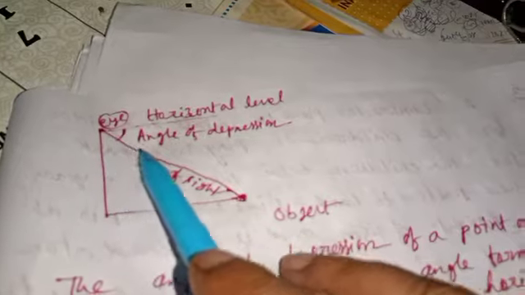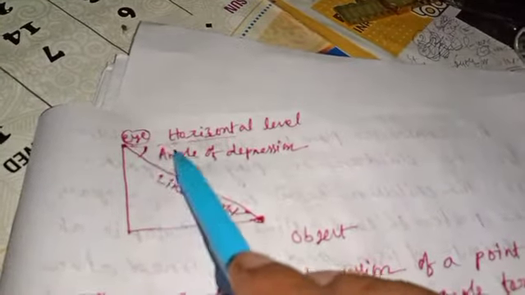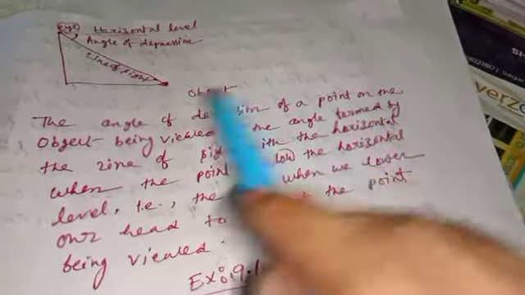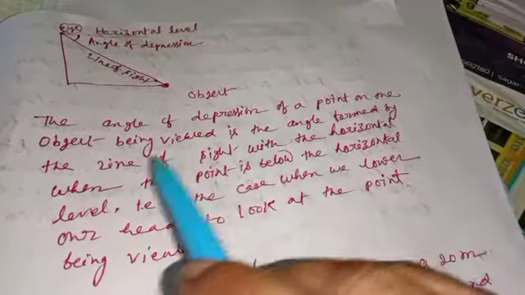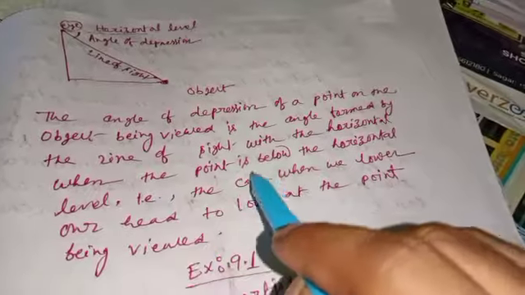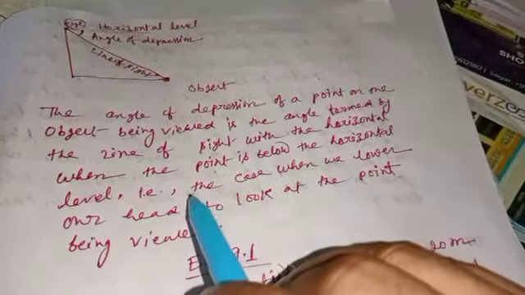If this is your eye, then this will be the horizontal level, this line will be the line of sight, and this angle is the angle of depression. The angle of depression of a point on the object being viewed is the angle formed by the line of sight with the horizontal when the point is below the horizontal level.